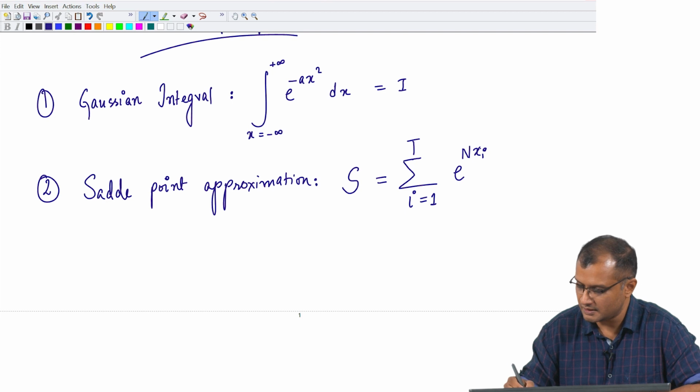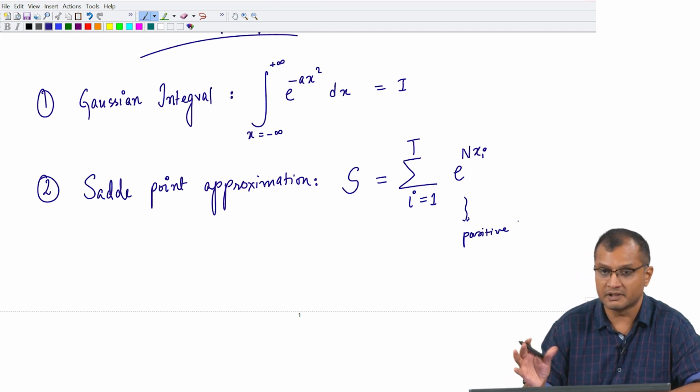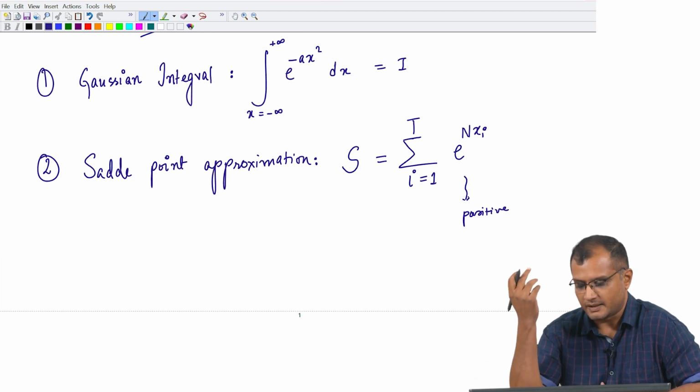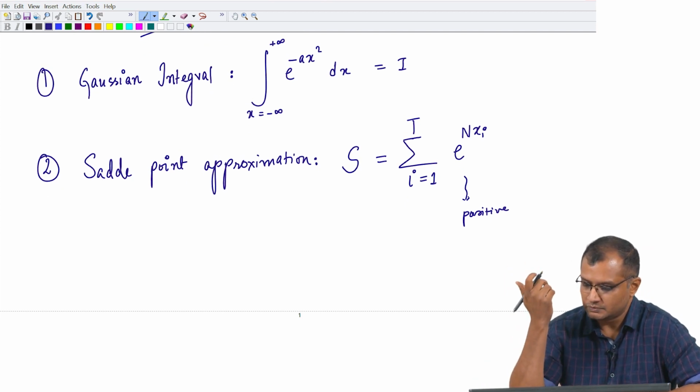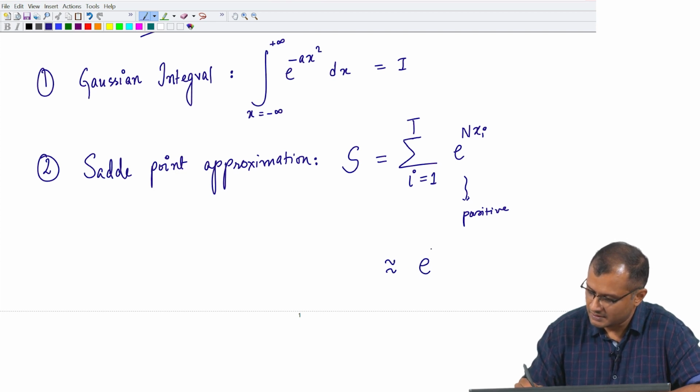Okay. So, all these terms here are positive because they are exponentials, they cannot be negative. So, each term is positive in nature, and the exponent is some n times x i. Okay. So, I will show that saddle point approximation says that I can approximate this sum as just the maximum of the terms.